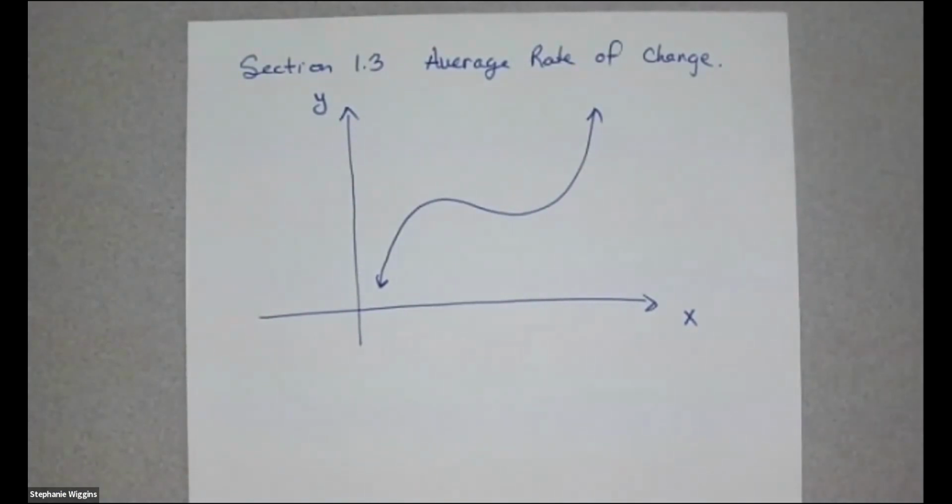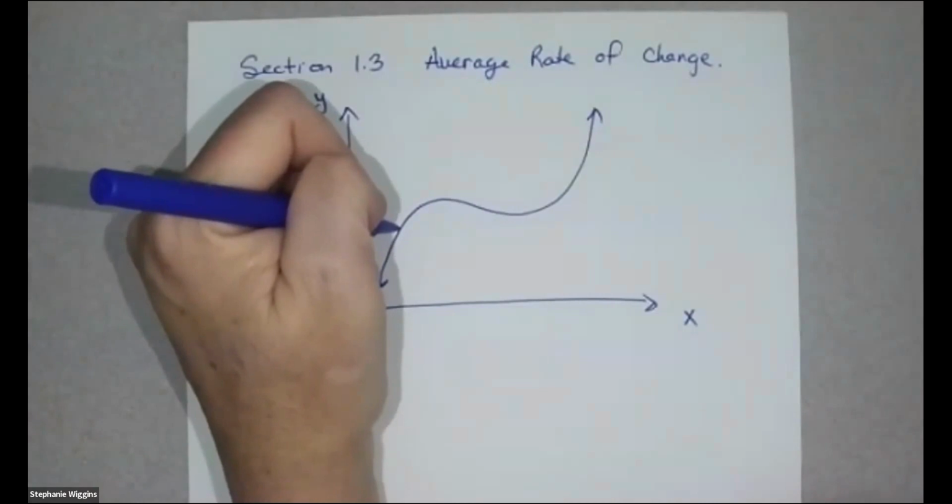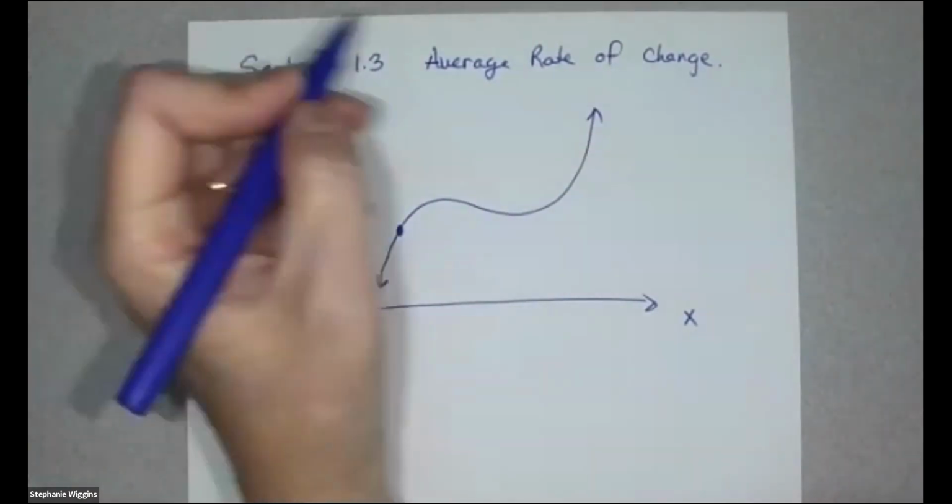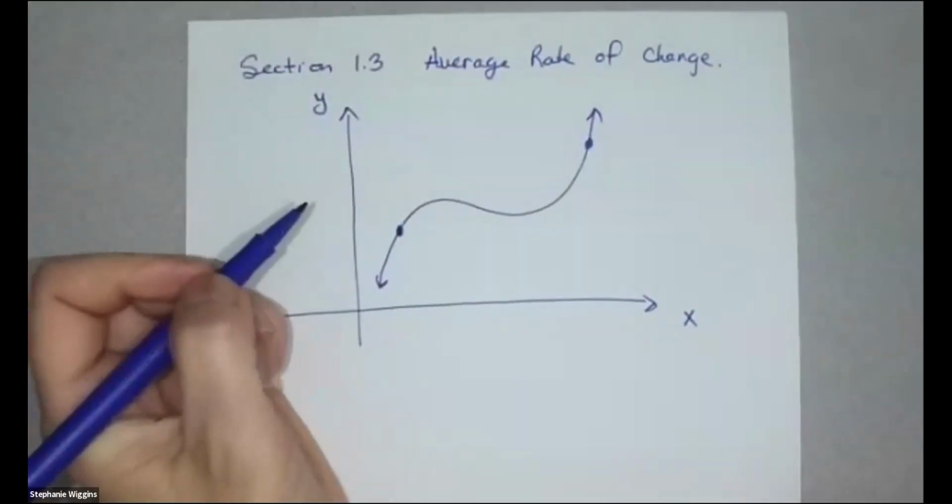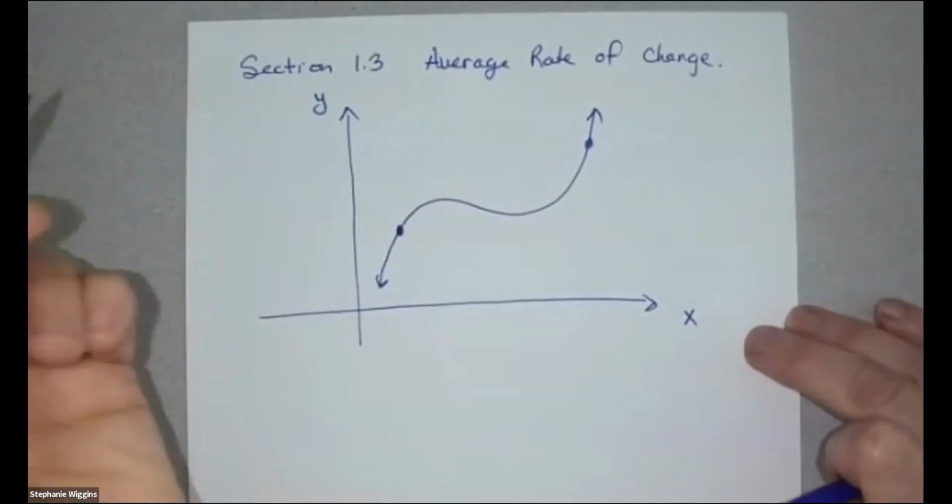But on average, it's going up, right? Over a long period of time. If it wasn't on average going up, we wouldn't invest in it, right? Because we want to get some of our investment back and extra too. So that's how the stock market is. On average, it's increasing, but it changes. The function is constantly changing.